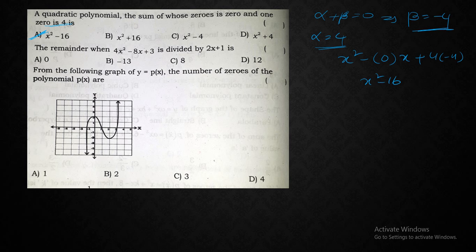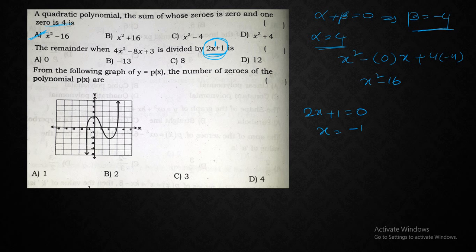Next, the remainder when 4x square minus 8x plus 3 is divided by 2x plus 1. Here 2x plus 1 is a linear polynomial, right? To find the remainder, you need to make use of the remainder theorem. What is the remainder theorem? Simply, consider 2x plus 1 equal to 0.